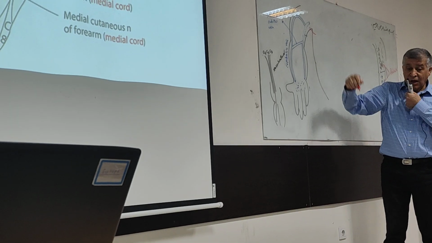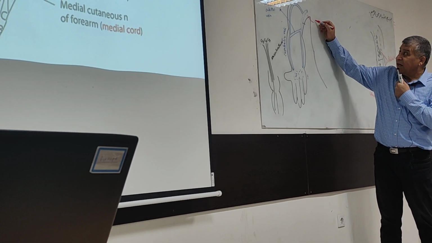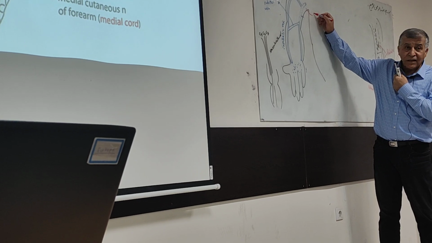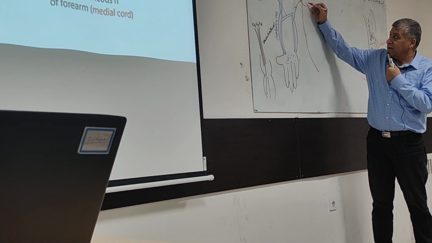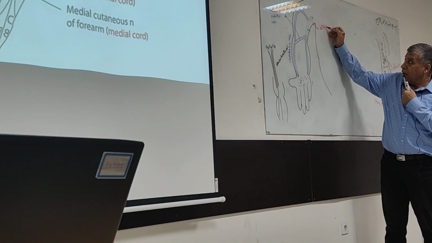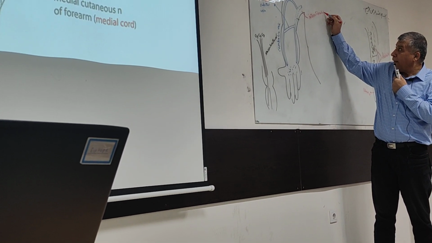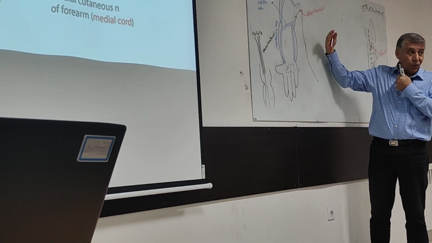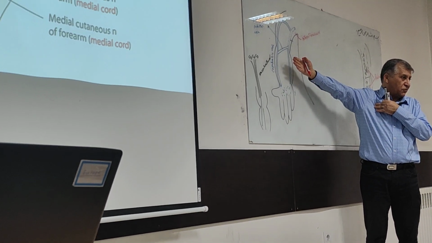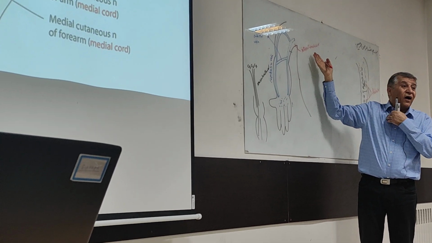This nerve from the second intercostal space is the intercostobrachial nerve, because it lies between the costal space and the brachium.